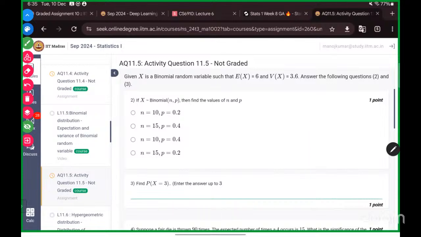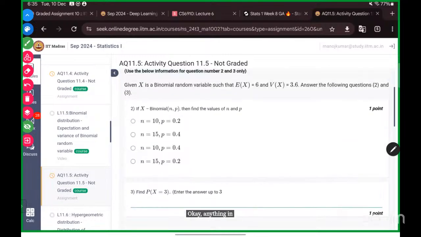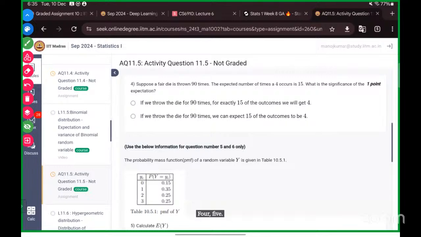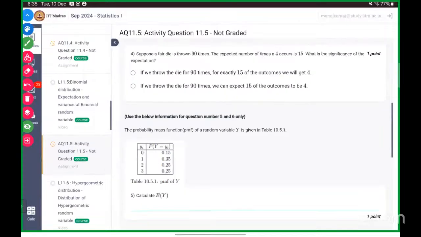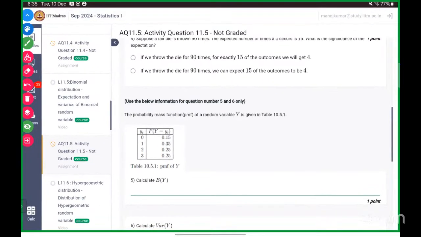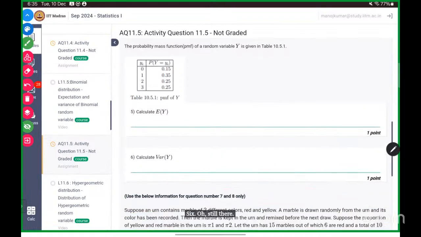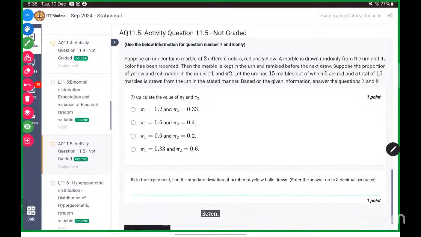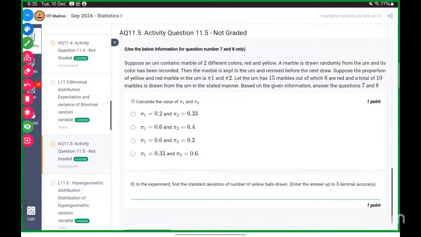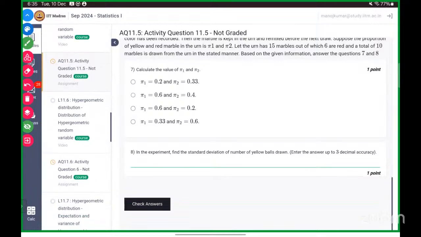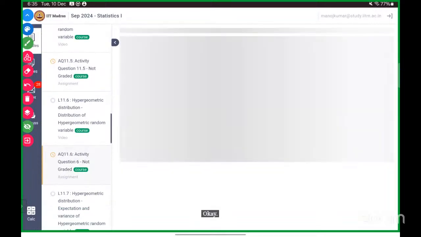Okay. Any doubt in question number 4, 5, 6, 7, 8, 11.6?